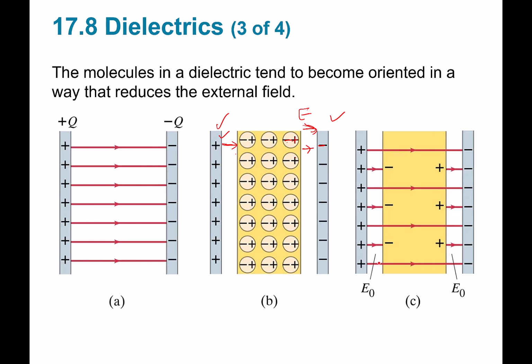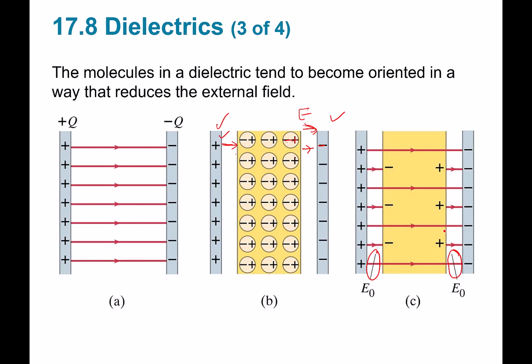This is the initial electric field. This is also the initial electric field. So when we say that the electric field got reduced because of the insertion of a medium, it is because some of the electric field lines do not pass through the dielectric but instead end on the charges induced on the surface.